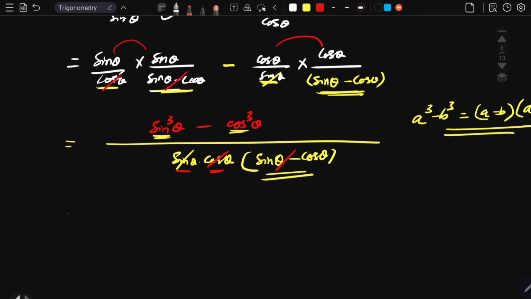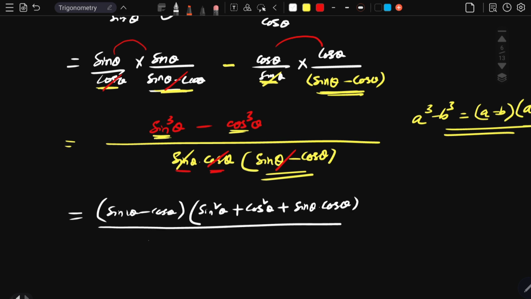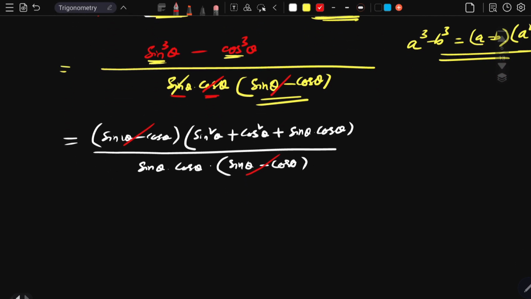By simplification, I am getting sin theta minus cos theta multiplied to a square, in the sense sin square theta, plus b square is cos square theta, plus ab means sin theta multiplied to cos theta.